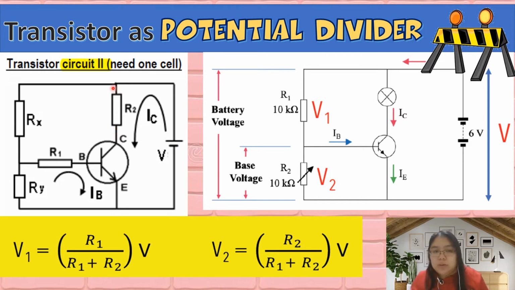So the current must go another way, which means it goes to the base. When it goes to the base and the base functions, then finally the collector current can flow. So from here we need to know this one battery supplies the base first.